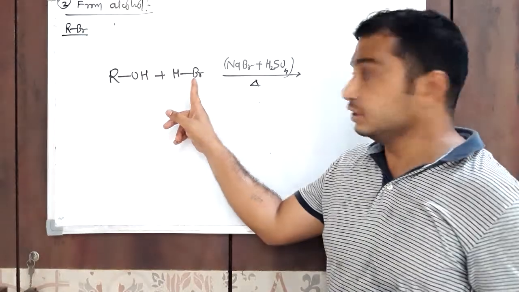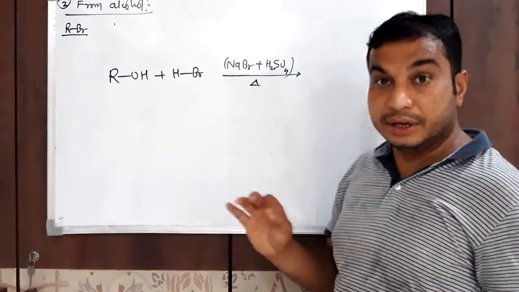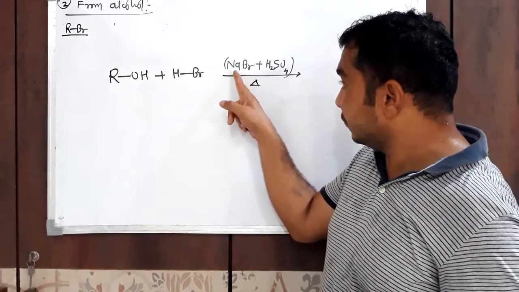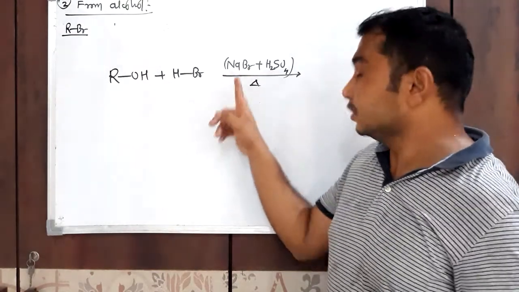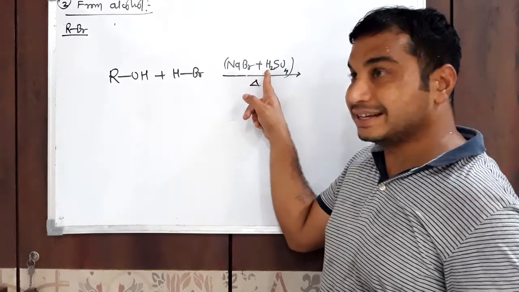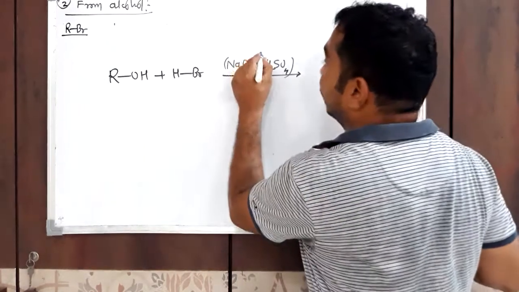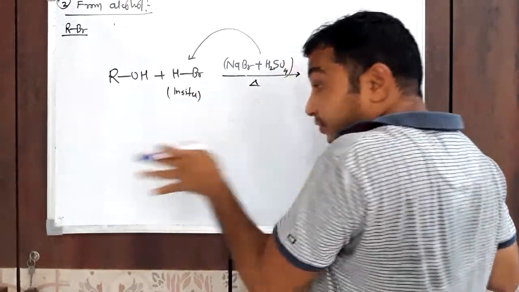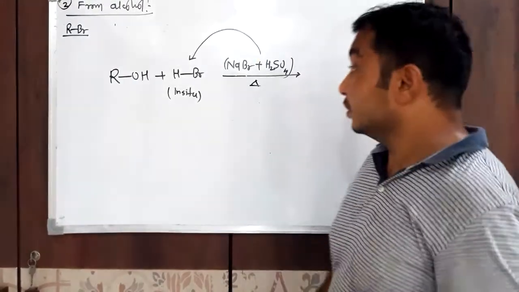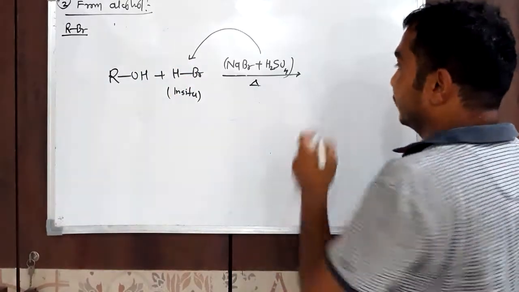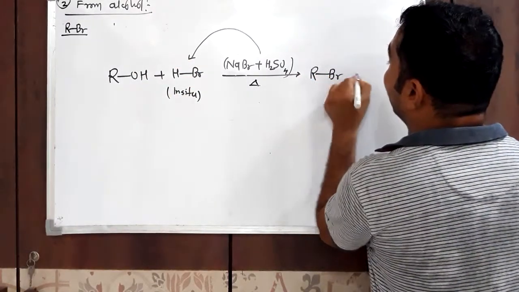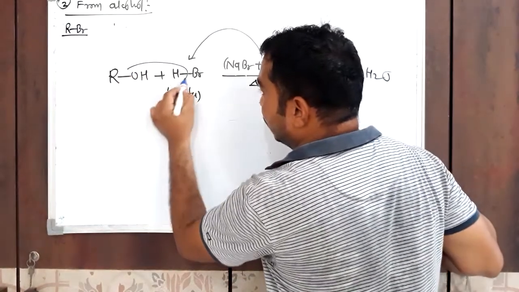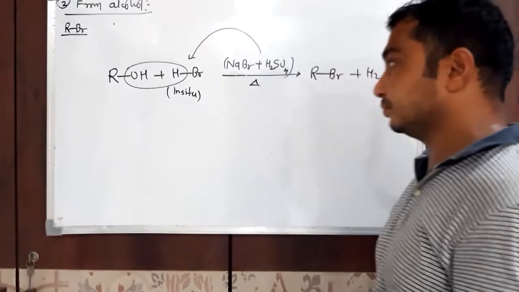We could not store this HBr. But when we need HBr, we prepare it by the reaction between sodium bromide and sulfuric acid. They form HBr inside the reaction, that is called in situ. Then that HBr reacts and gives the corresponding alkyl bromide plus H2O. Same water molecule loss.